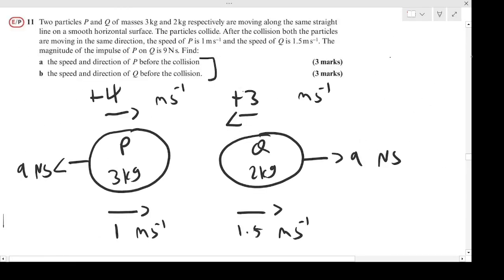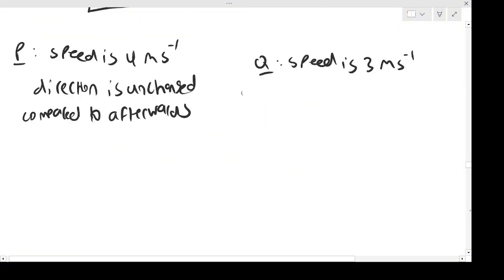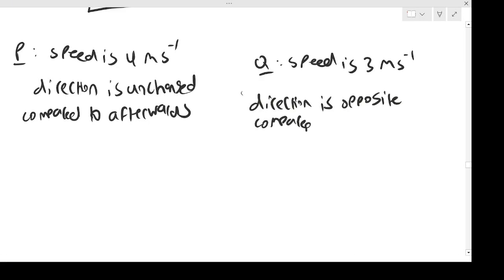Well, we can see it's going backwards here, but if we compare it to afterwards, it's actually going forwards, so there's a change in direction. So we can say the direction of motion is opposite compared to afterwards.